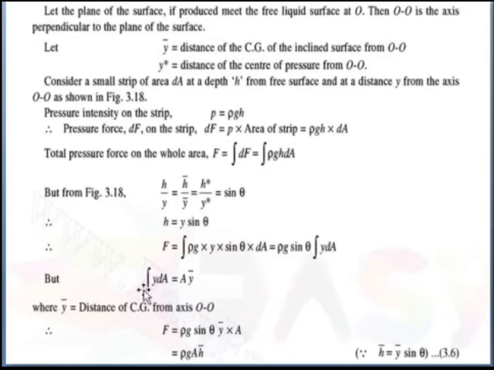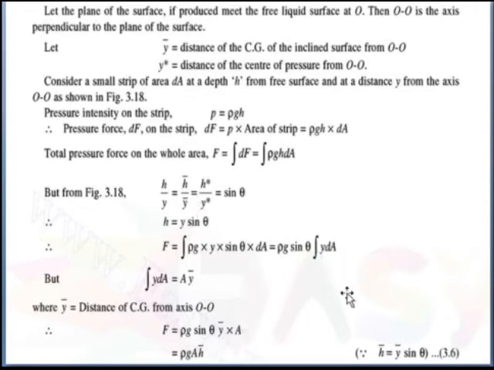But we know that integration of y dA is equal to A into y bar. Now y bar is the distance of the center of gravity from the axis OO. So the total force on the whole area is equal to rho g sin theta, and then A into y bar.